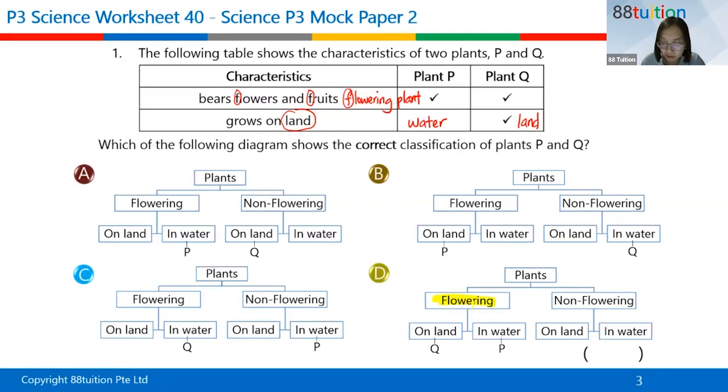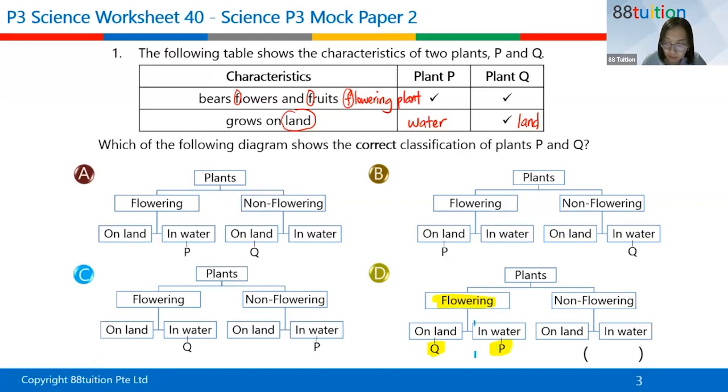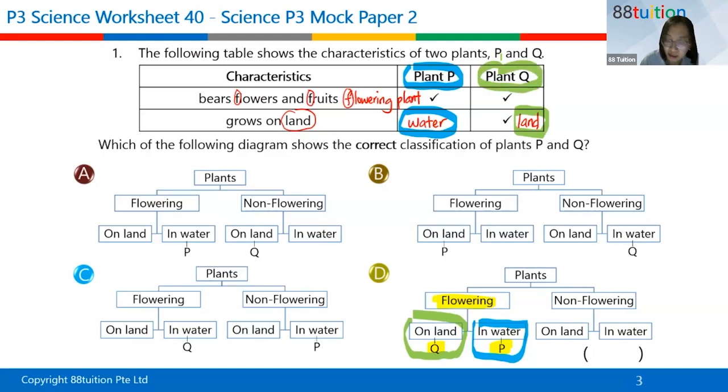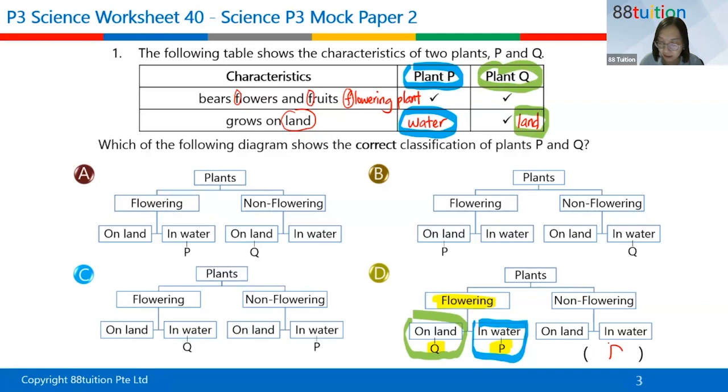So both are flowering, right? The only difference would be P will be in water, as shown here. Plant P is in water, whereas plant Q is on land. So the answer is 4. Those 4 of you, well done. You got the correct answer.